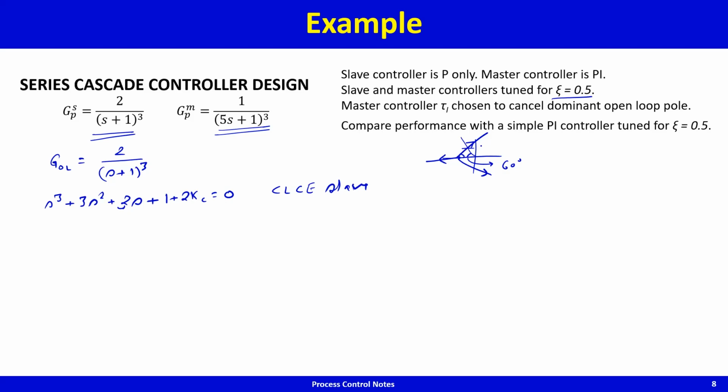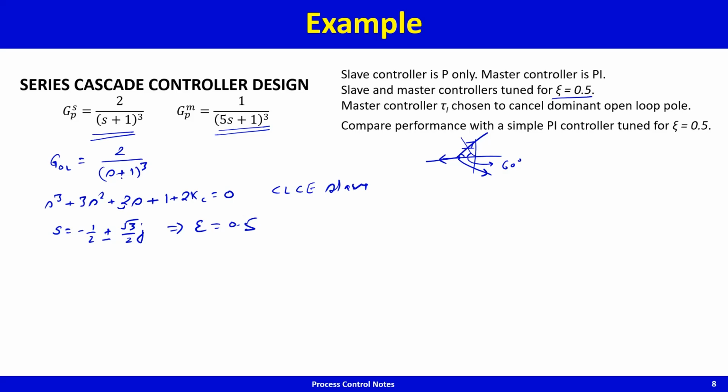Okay, by inspection of the root locus, s equal to minus half plus square root 3 by 2 j implies a closed loop damping coefficient of 0.5. So you'll have a complex conjugate root, so these are the two roots.